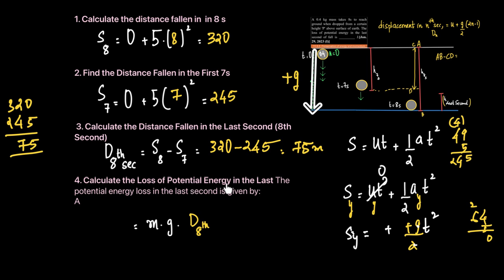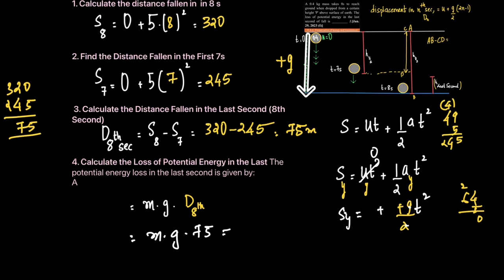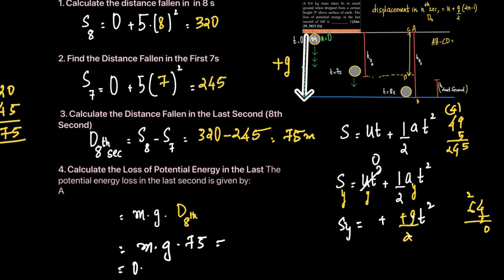And what is the loss of potential energy in the last second? It will be equal to mass into acceleration due to gravity into the distance fallen in the last second, m into g into 75 meters. We get the same answer again. The mass is 0.4, g is 10, into 75 is 300.